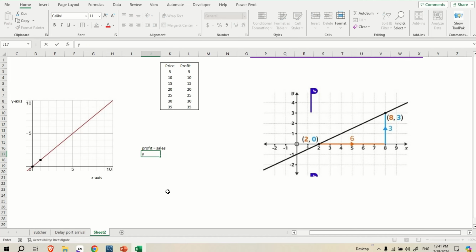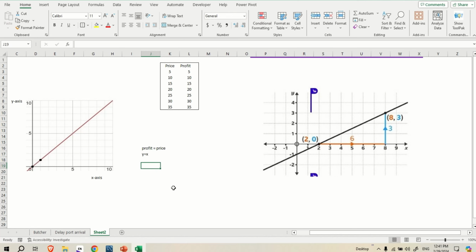We can use variables to represent this. Our profit that we put on the y-axis, we can use y to represent it, and our price that we put on the x-axis, we can use x to represent it.